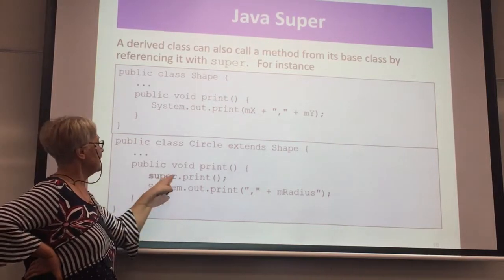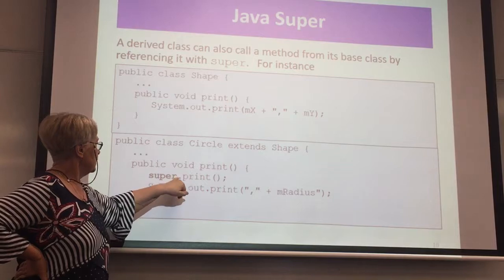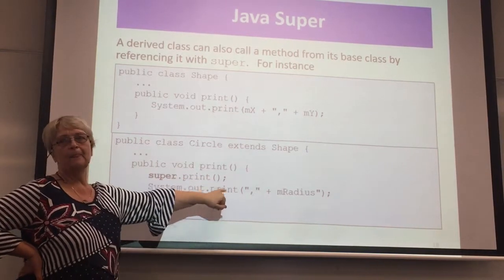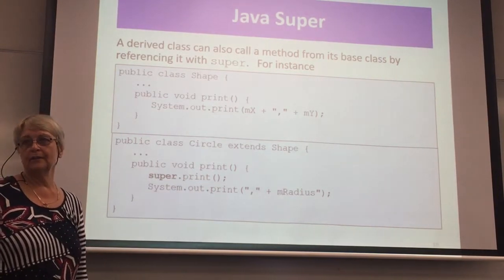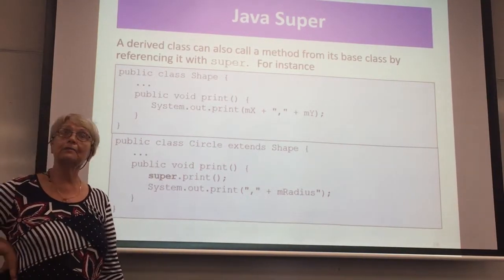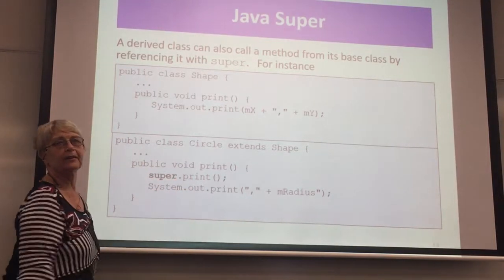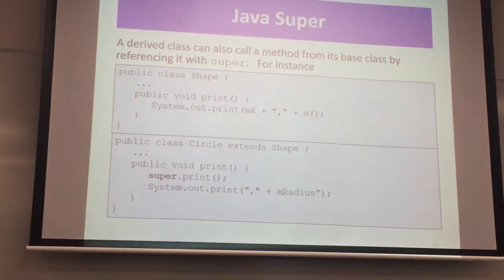So how you call it, again, it has to be first, you call super with this membership operator and invoke print. In C++, you use the class name scope operator. Right, so these are different.